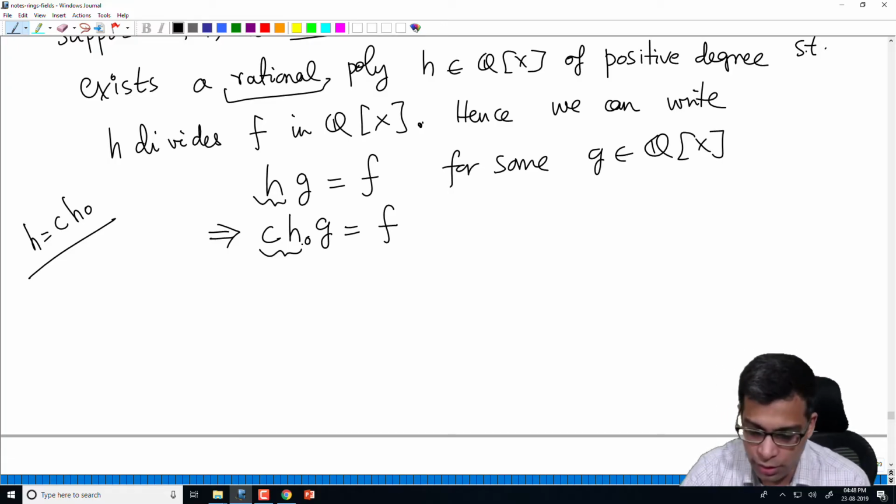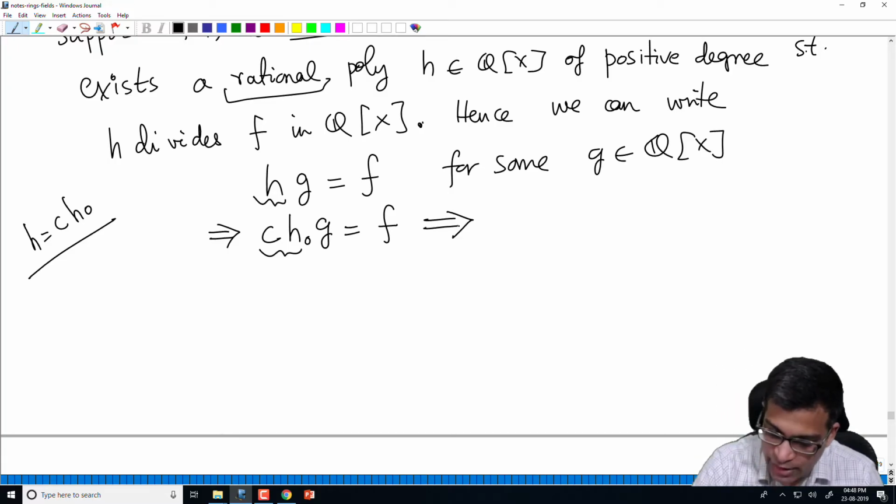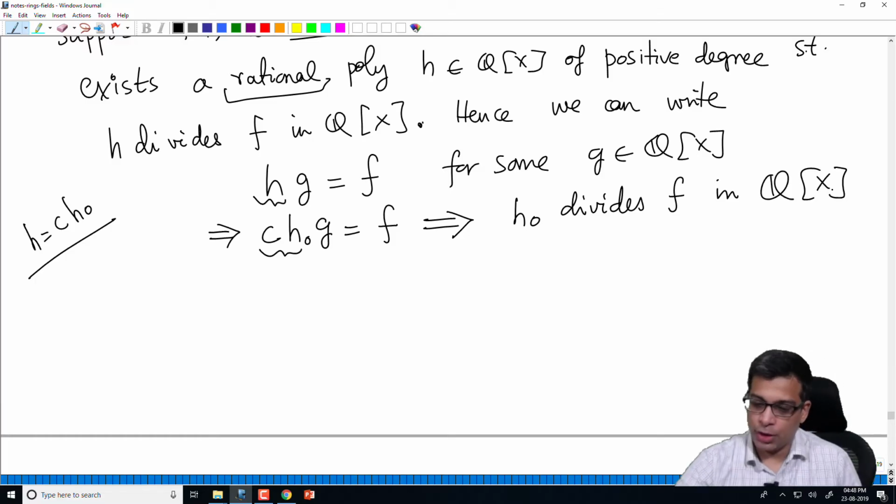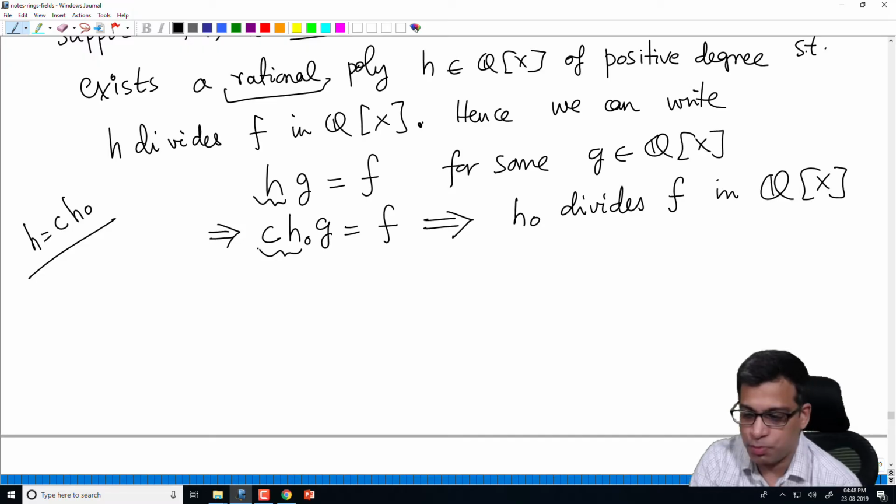So h0 divides f in Qx only, I can say for now, because cg is only a rational polynomial for us. So h0 times cg is f, so h0 divides f in Qx.